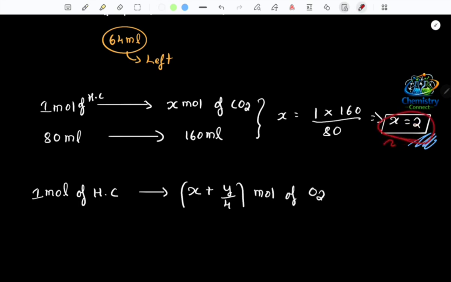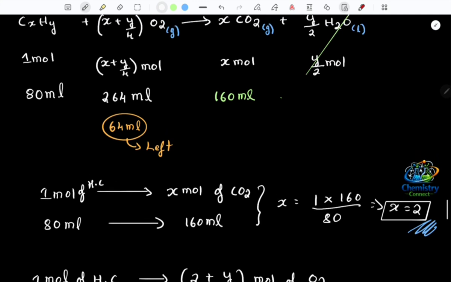Already we are aware that x value is 2. Substitute the x value 2 here. That's it. Now very simple.